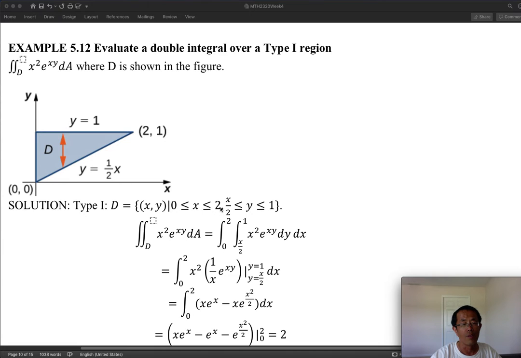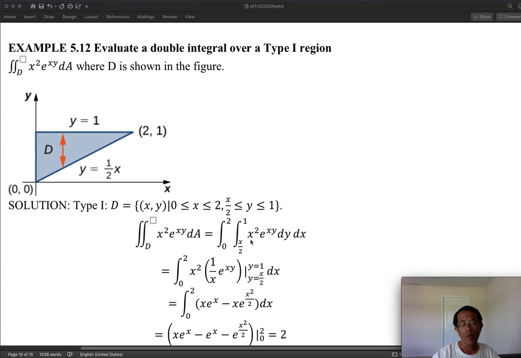And for this type 1 region, the integral will have to be evaluated in terms of y first. So that is accordingly the arrangement of the iterated integral for type 1. We do y first, then x.